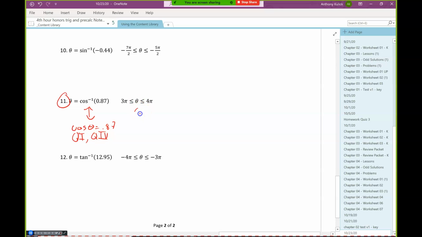So our answer is going to be in quadrant 4. So we have 2 pi, and then a little bit after 3 pi, there's our answer. So we're going to do 4 pi minus phi, that's our phi.